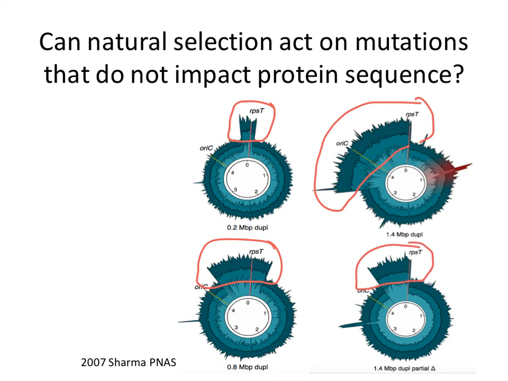So in this case, these axes, these are radial plots. The axis here is DNA copy number. Basically, if you're this far out from the center, that's 1 copy, then 2 copies.